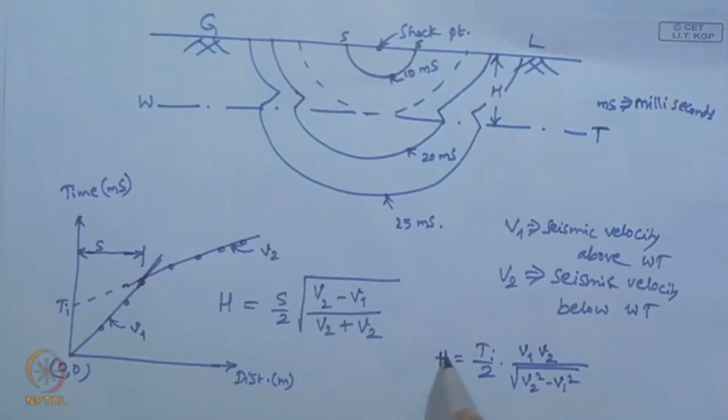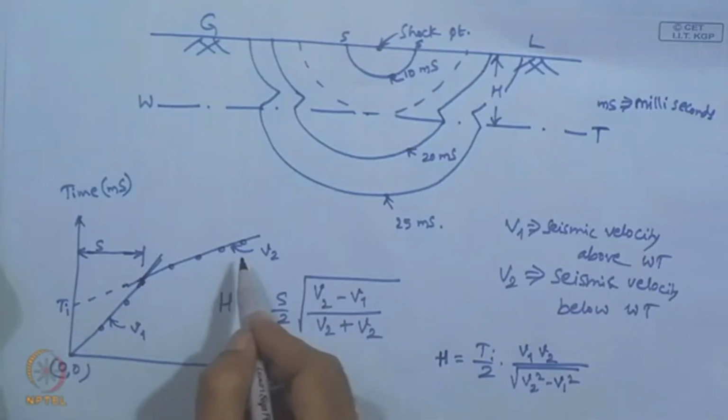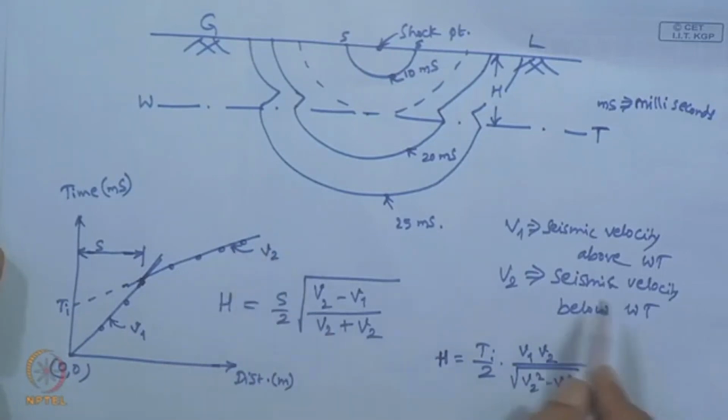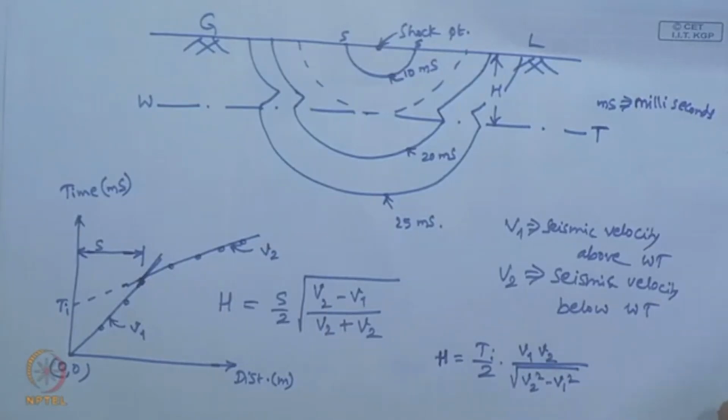So this is another relationship, where this Ti is the intercept on the vertical axis for the higher velocity line, that is the V2 line, which represents the seismic velocity below the water table.